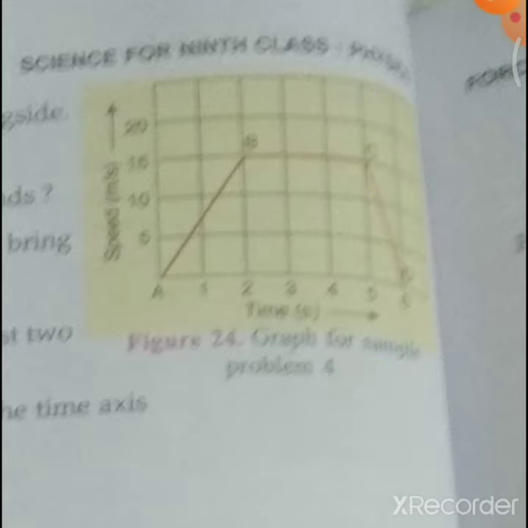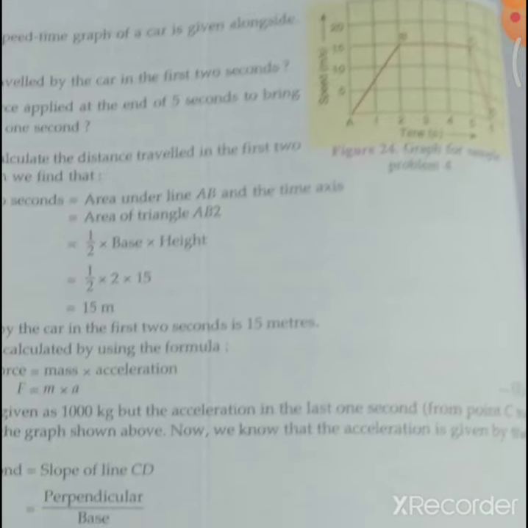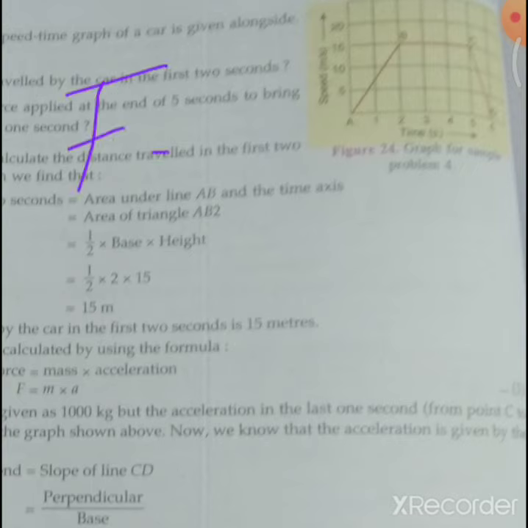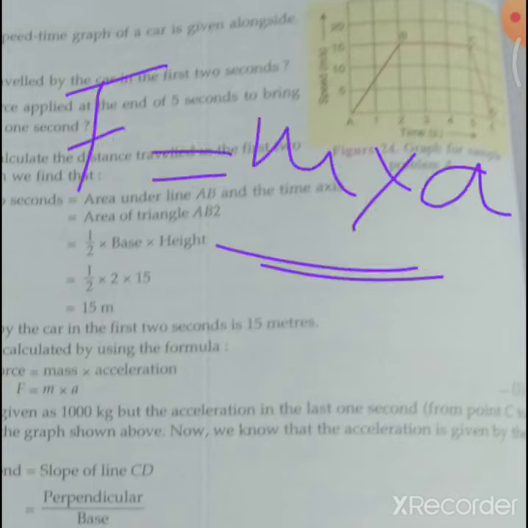So we use force equals mass into acceleration, the formula F = m a. The mass of the car is 1000 kg, but the acceleration in the last 1 second, from point C to point D, is to be obtained from the graph.